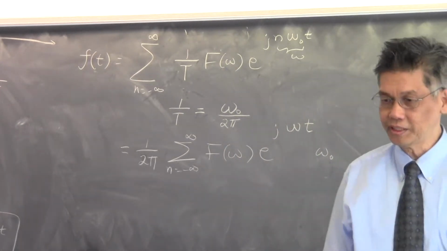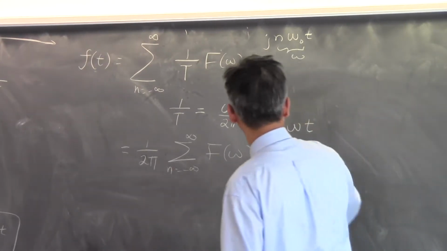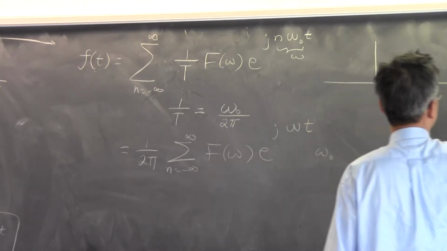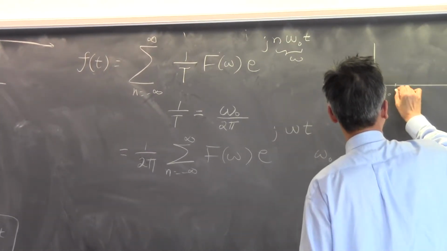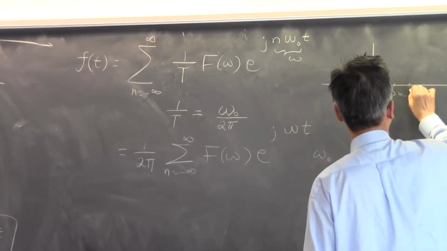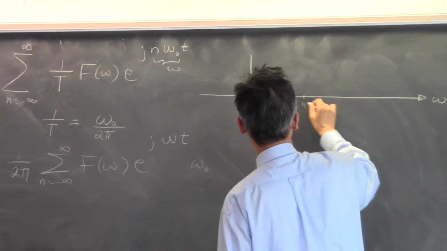What is omega naught when T becomes very large? Omega naught is a very small number. So if you think of omega naught, this is 1 omega naught, 2 omega naught, 3 omega naught, 4 omega naught.